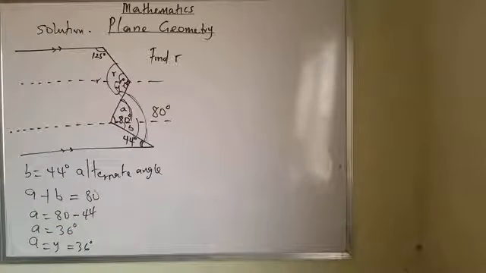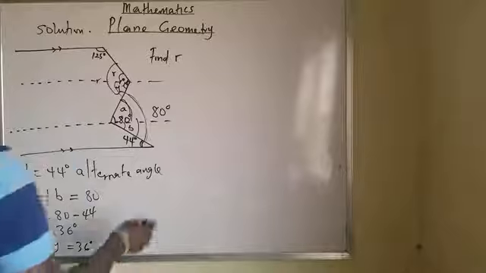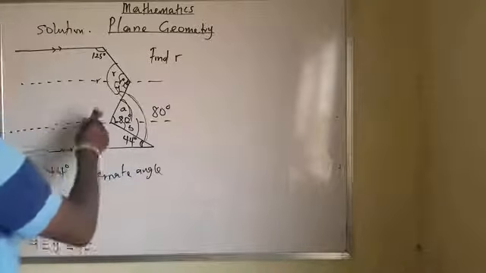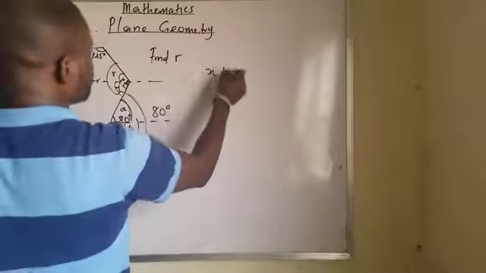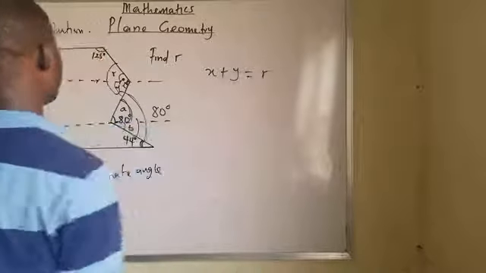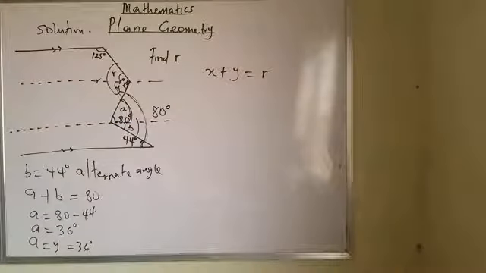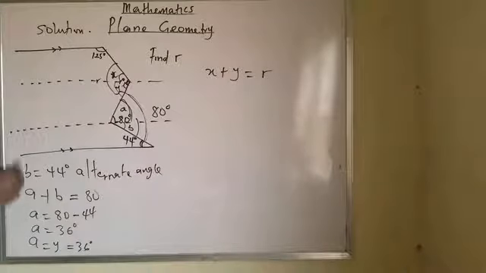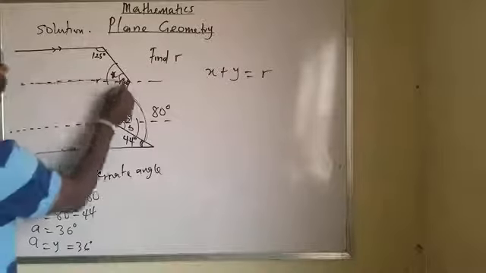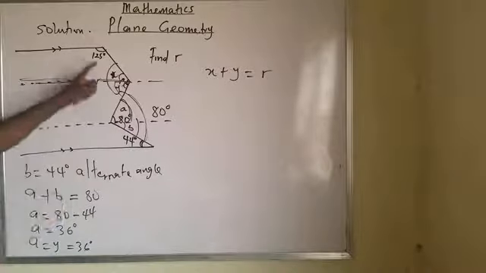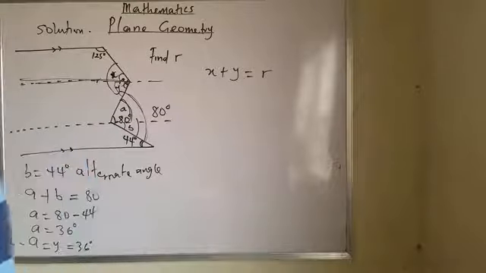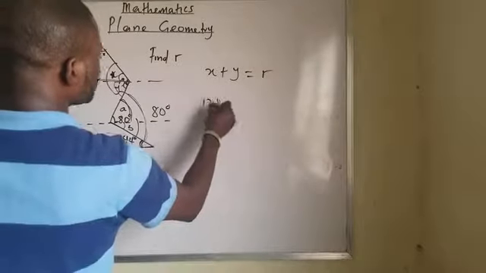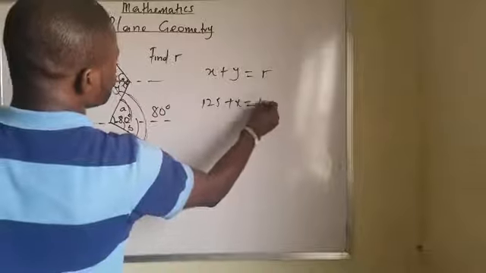Now, since that equals Y, I can continue with my X plus Y equals R. I have a problem with my X. Now, I can do something good here. Look at this. The sum of these two, 125 plus X, equals 180.